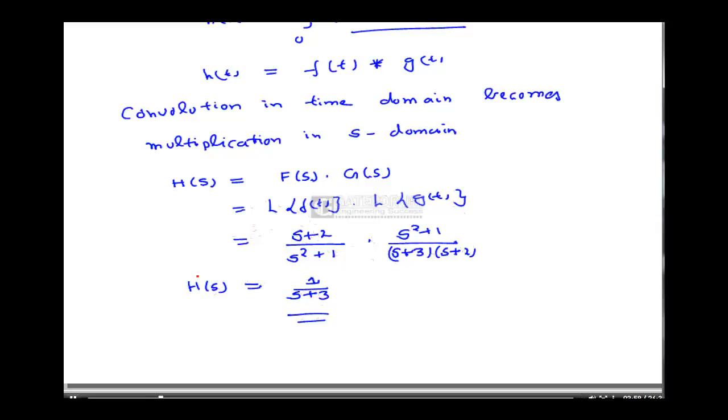Now another problem. In this problem, the Fourier transform of signal x(t) is asked. Actually the full Fourier transform is not asked, but only the form in which the Fourier transform will be. Now see this. Signal x(t) is given like this: e to the power minus 3t square.